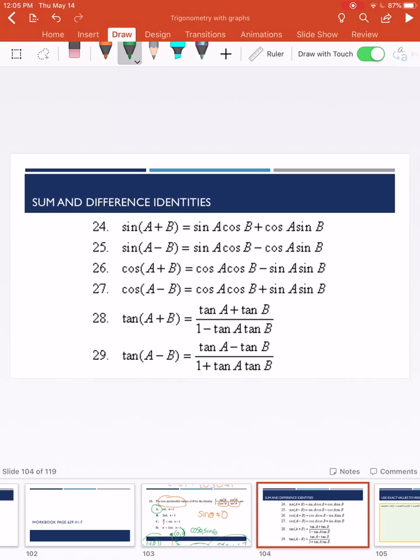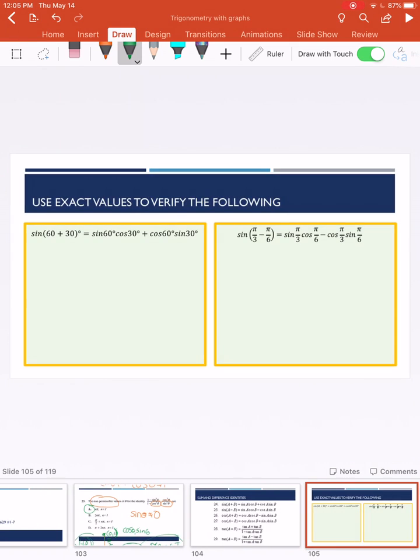All right, so let's get started on sum and difference identities. So let's start here. So we know sine 60 plus 30 equals, so 60 plus 30 is 90 degrees. So on your unit circle, okay, what does sine 90 degrees equal? It equals 1, right? Okay, so now I'm just going to be referring to my unit circle. So take your unit circle out if you have it in front of you.